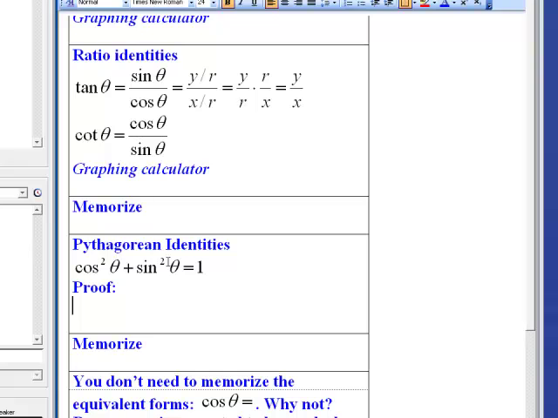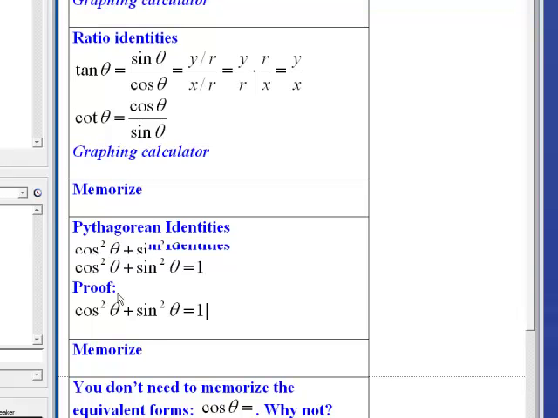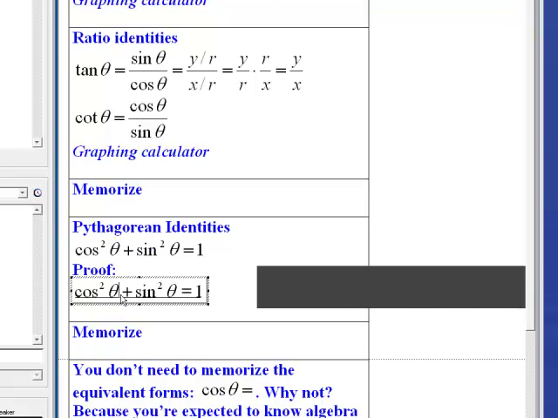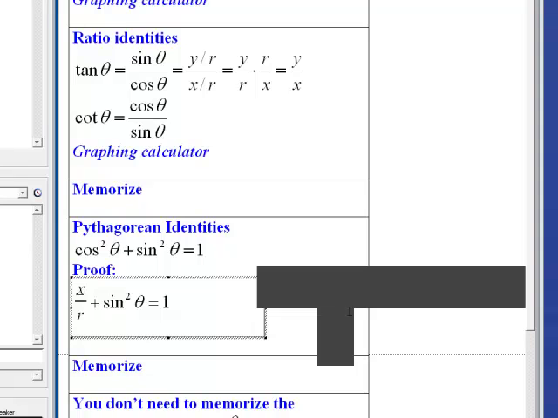How does that work? Well, let's look at it in the proof, and you pretty much find that in the book. What is cosine squared? Well, cosine is defined as x over r. So I'm going to type in here x over r, and of course that needs to be squared.